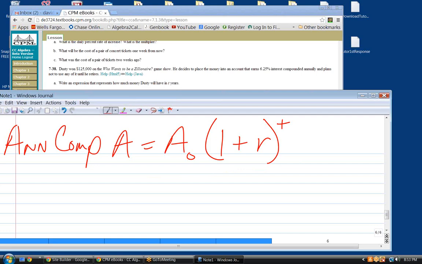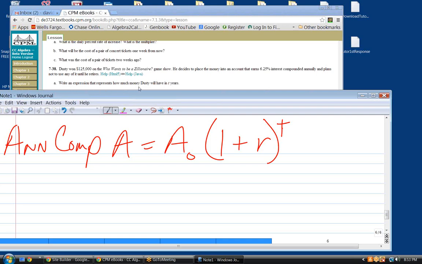You have 3 different equations. So that's the first thing to understand, that this is the equation for compounding annually. Is that a T or a plus? It's a T, meaning time in years.